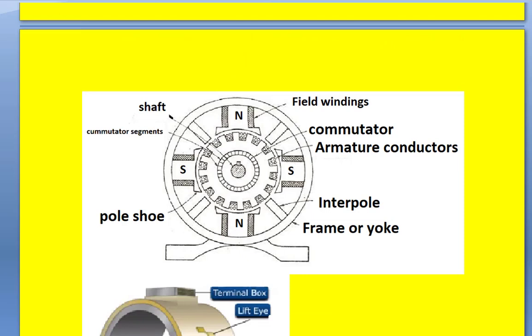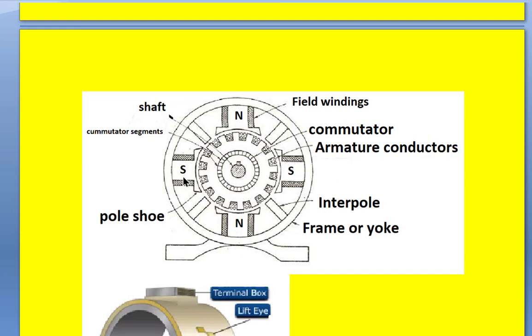Coming to the construction of the DC motor, this is the diagram. Here, the outer part is called the yoke, which is also called a frame. This supports the stator, so inside there is a laminated core.